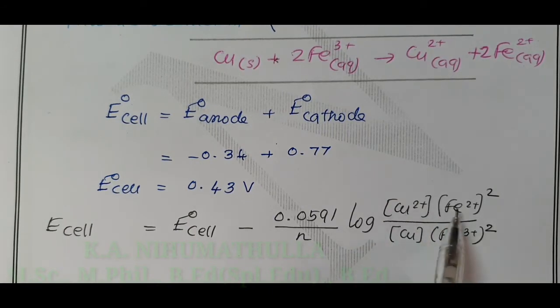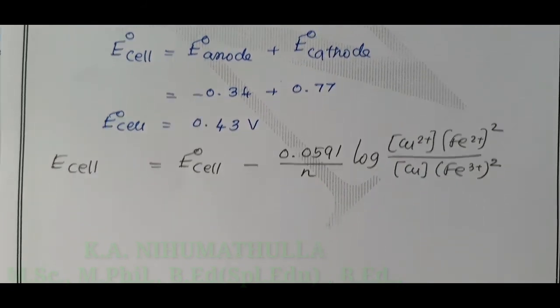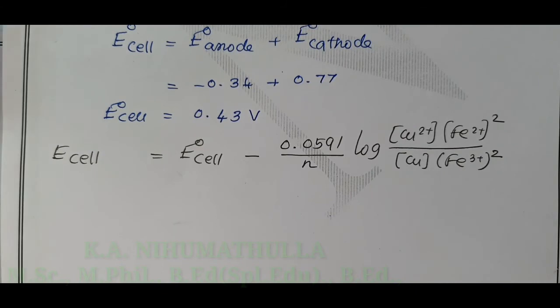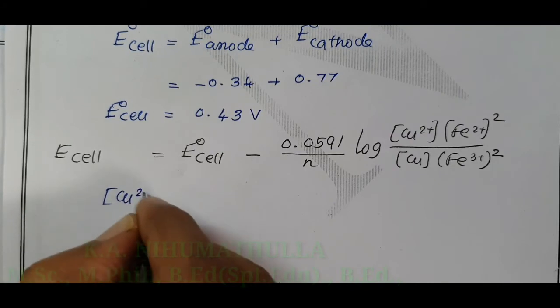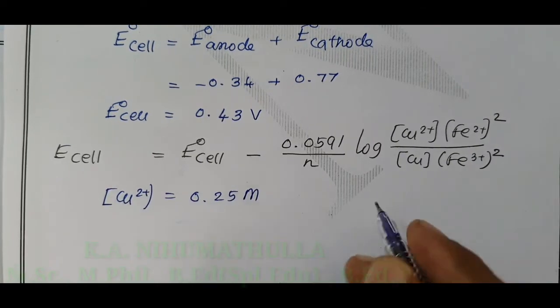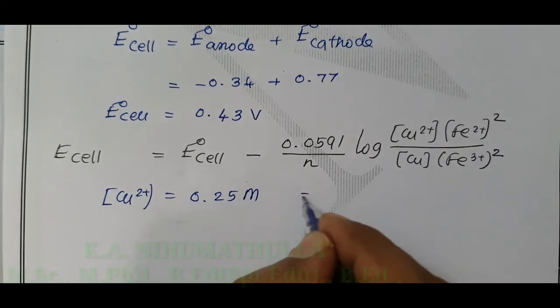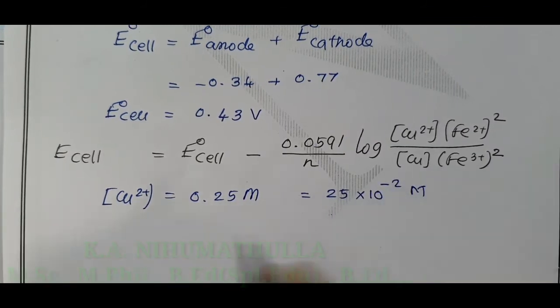Now, all these concentration values are given. We know the concentration of a metal is always equal to 1. Copper is a metal, so its concentration is 1. Now I write the concentration values given in our problem. Concentration of Cu2+ is 0.25 molar, which can be written as 25 into 10 power minus 2 molar.